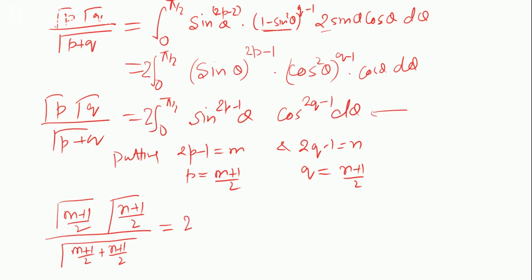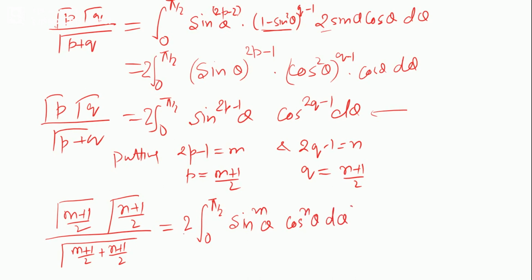So we write 2 times the integral from 0 to pi by 2 of sine raised to power m theta cos raised to power n theta d theta.